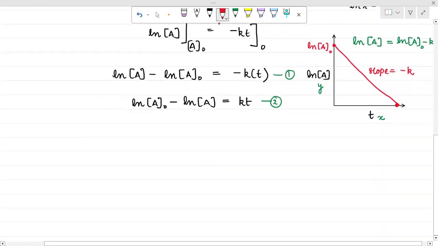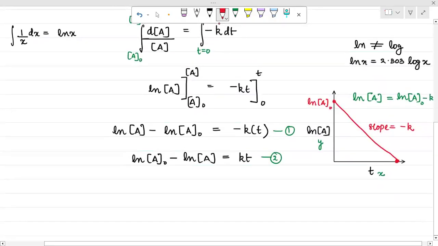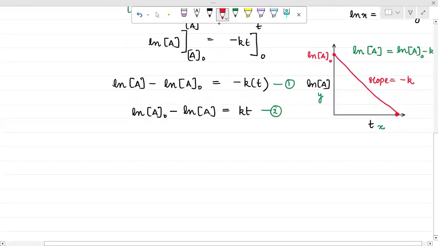Now we have written the expression in terms of ln. You can write it in terms of log as well. What is the relation? ln x is 2.303 times log x. Correct? So you can change to log.